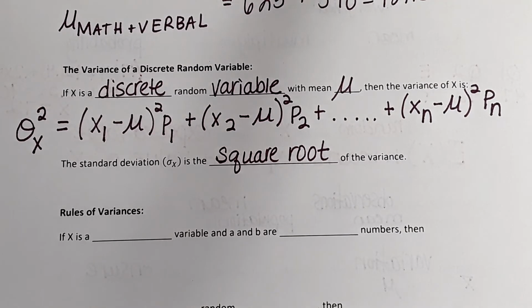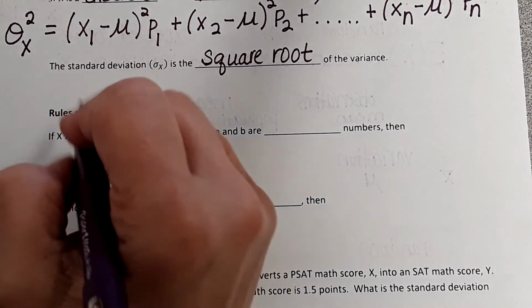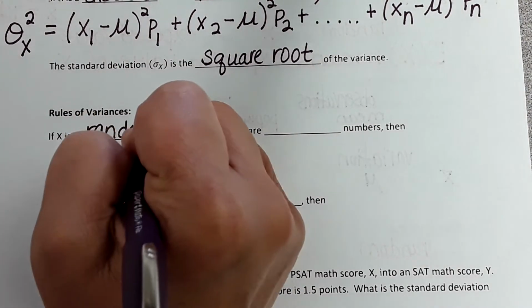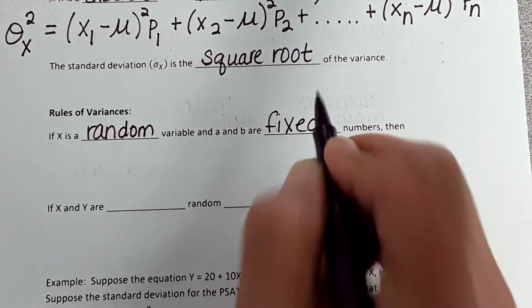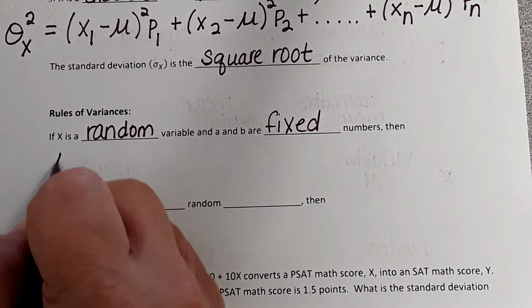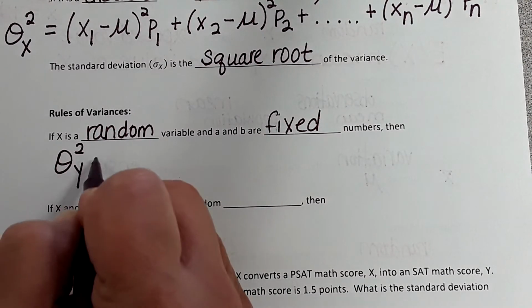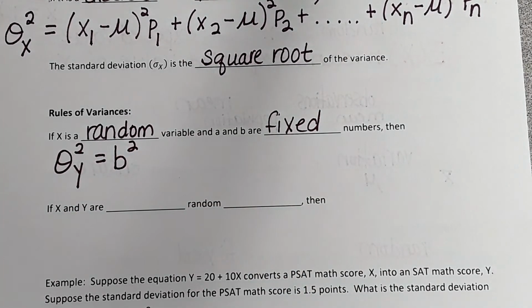Now, rules of variances. So, very important. With variances, you can add. Standard deviations, you can't. You can add two variances, but you can't add two standard deviations. So, if x is a random variable and a and b are fixed numbers, doesn't that sound a lot like what we just did on the front? You could plug the mean in. To find the variance of the new one, you're going to take the b, and what do we use b as usually?